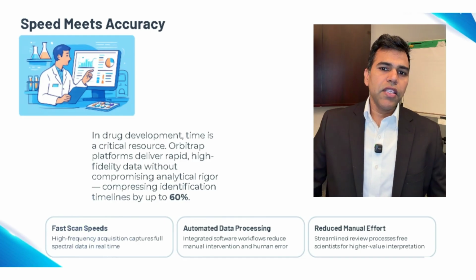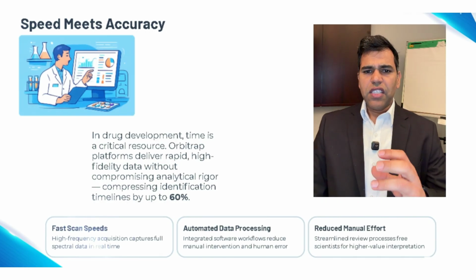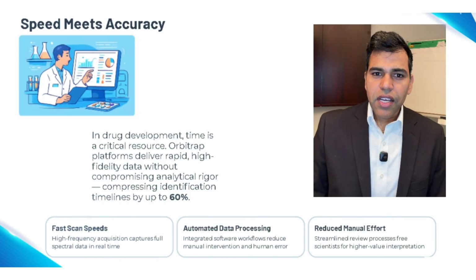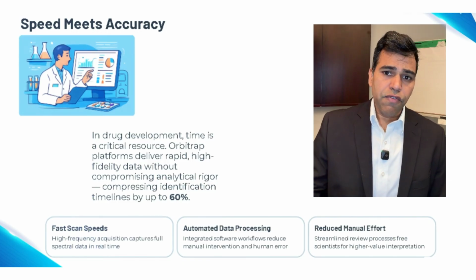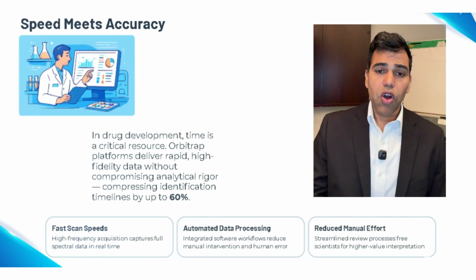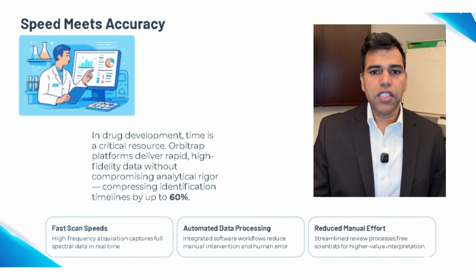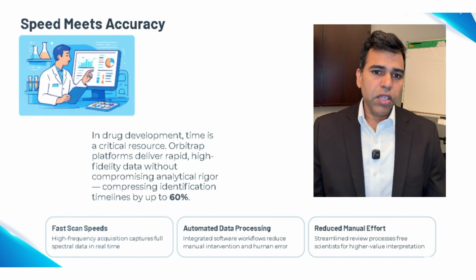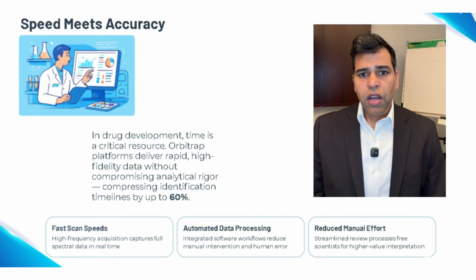Now you might be thinking all of this sounds thorough, but does it take forever? Actually, the opposite. Orbitrap platforms deliver fast scan speeds with automated data processing that compresses identification timelines, in some workflows by up to 60%.